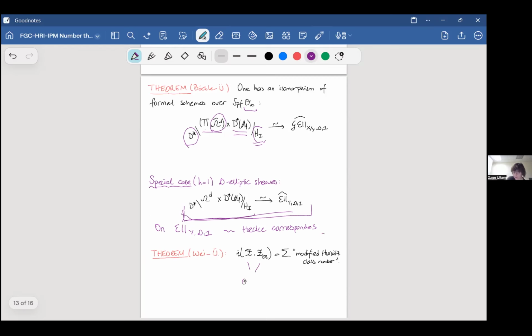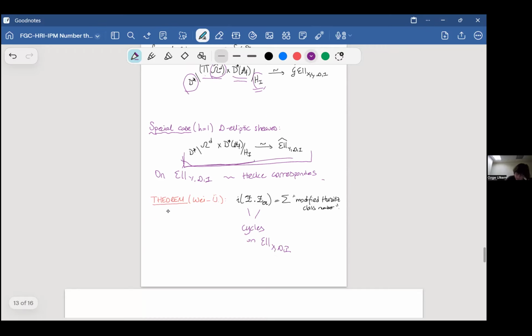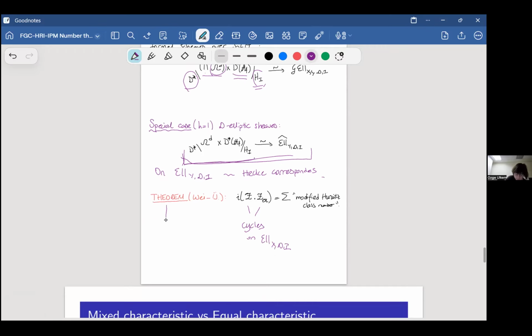These are cycles on the moduli scheme. And then we look at their intersection number, and we relate this intersection number with a modified Hurwitz class number. So this is similar to the Kronecker-Hurwitz class number relation.